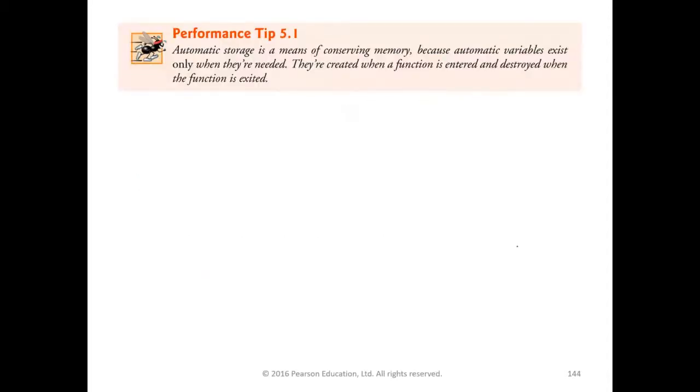And so why do we need automatic storage? Well, obviously we need that because automatic variables exist only when they are needed. They are created when a function is entered and destroyed when the function is exited. So this basically allows us to conserve or save memory, right?